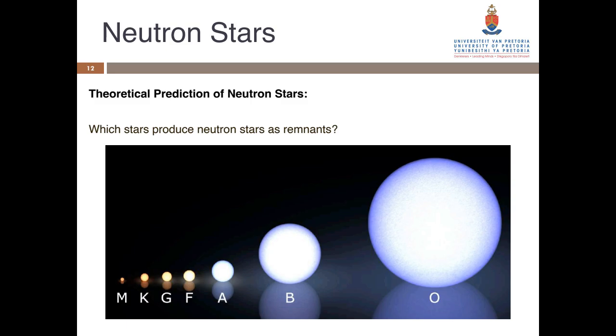When we look at these different stars, where do you think the separation line is between a white dwarf and a neutron star?